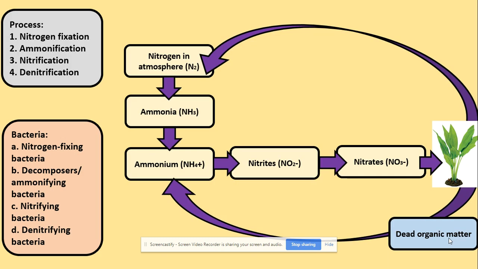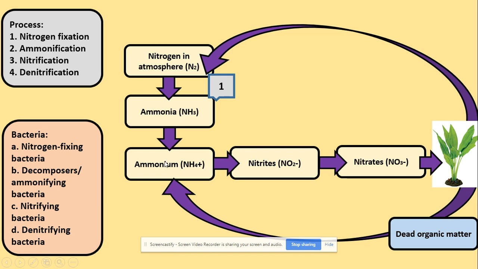So the nitrogen cycle involves, as we've mentioned, four processes. For those four processes, we will have four different types of the microorganisms, of the bacteria. So we will start this process with the nitrogen. Nitrogen in the atmosphere obviously cannot be easily absorbed by plants, so it has to be converted into ammonia. The process of converting nitrogen gas into ammonia is called nitrogen fixation, and it's then done by the nitrogen fixing bacteria.